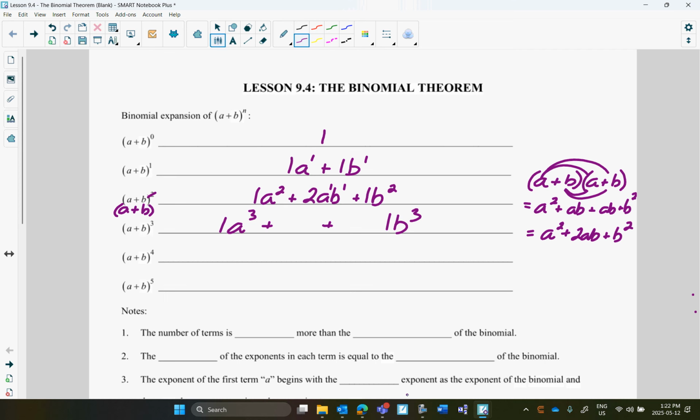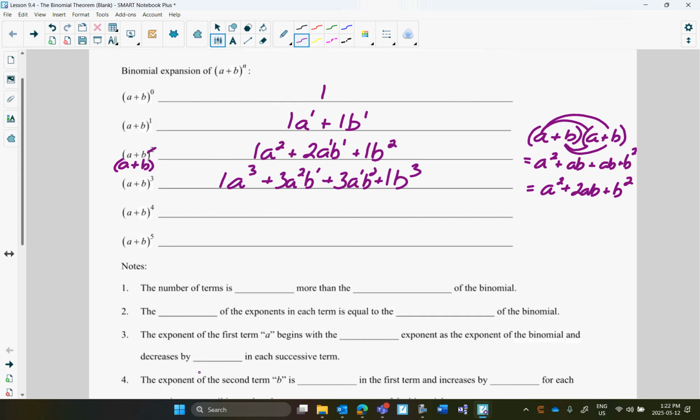So what you would get is 3a squared b to the first plus 3a to the first b squared. How many terms do you think this will have? 5. And the one at the beginning is going to be 1a to the 4th, and the one at the end is going to be 1b to the 4th.